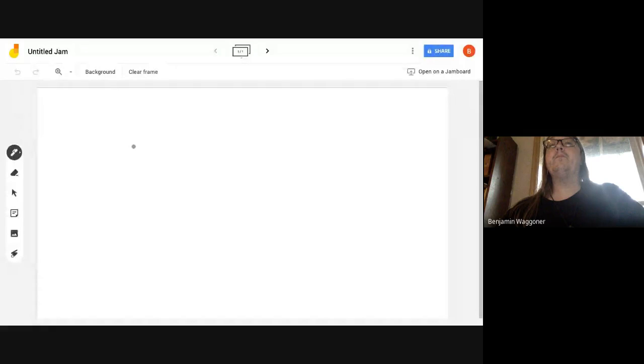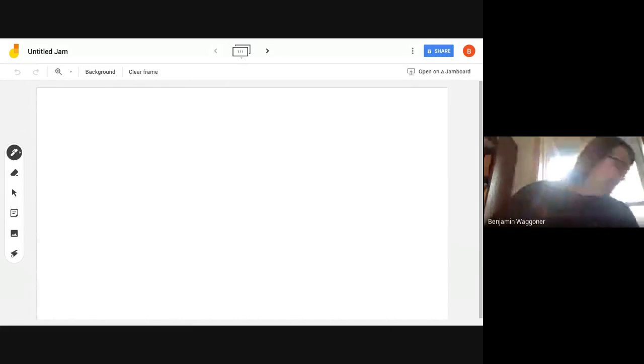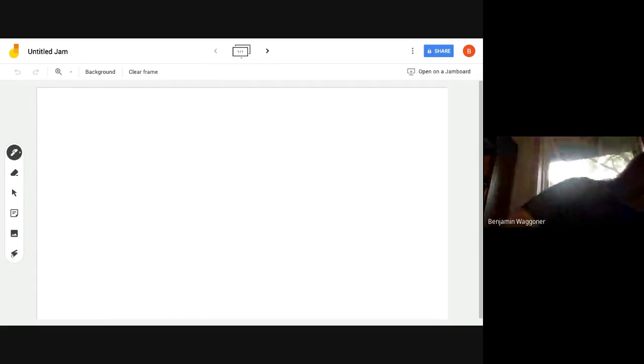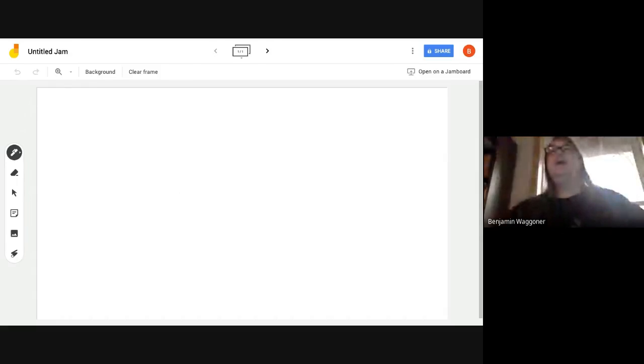So here's the board. What are the possible genotypes of an agouti mouse? Think about it. If you have a mouse that doesn't make any color at all, it can't be agouti. It can't be solid. It's only going to be white.